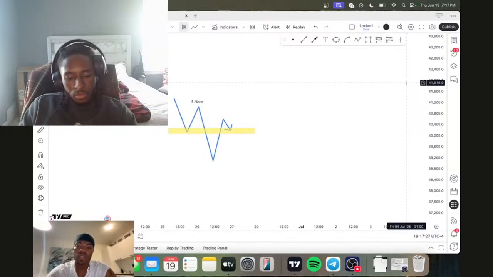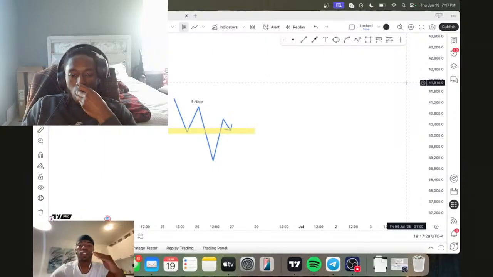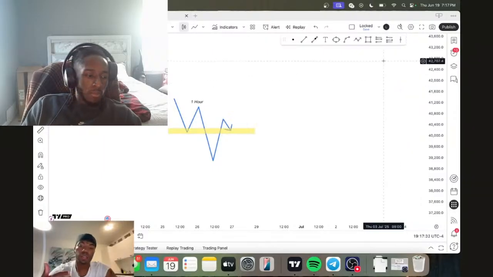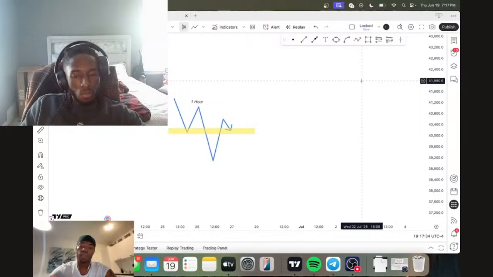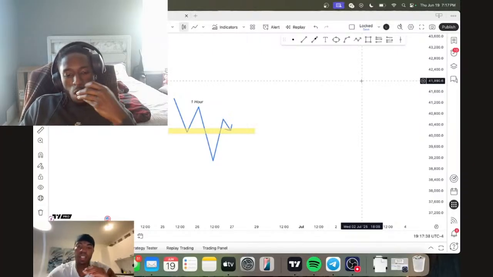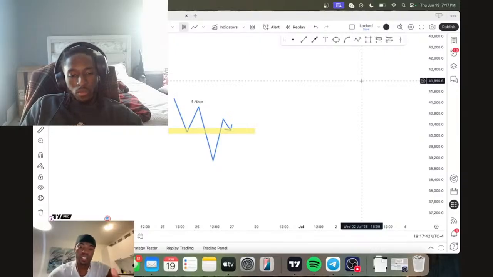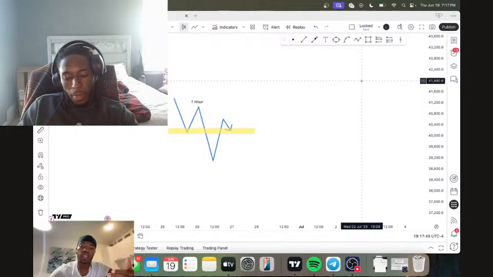The first thing we're going to do is go to the 1 hour time frame to mark out our levels. Our levels are very, very, very important. If we mark out our levels first, this gives a good idea of where all the buying and selling pressure is. So once you find out where the buying and selling pressure is, this helps you bring clarity and understand what you need to look for at these certain levels.